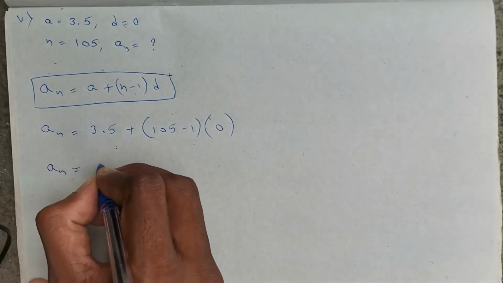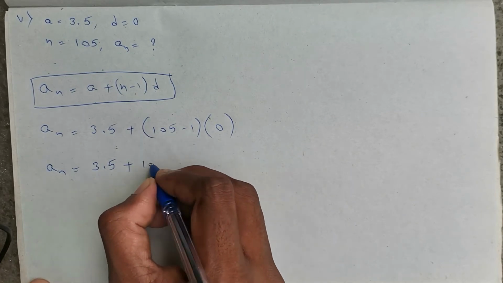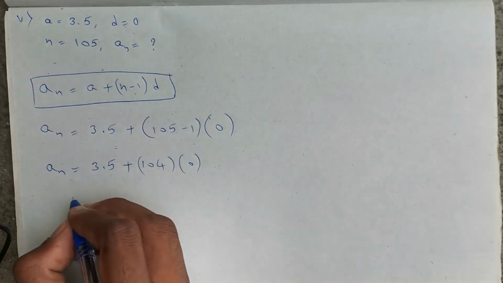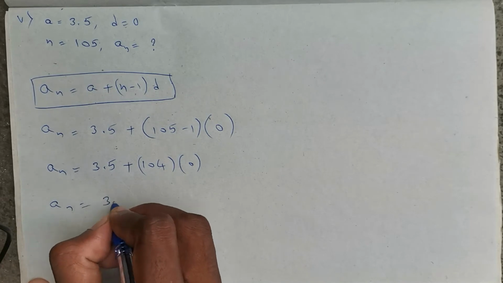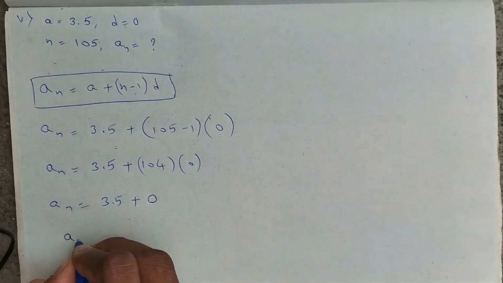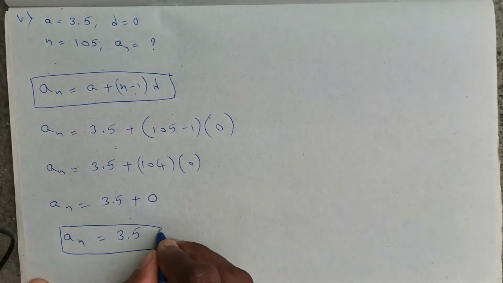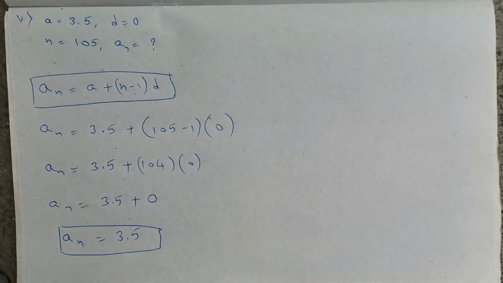So an equals 3.5 plus (105 minus 1), 104, into 0. So an equals 3.5 plus 104 into 0, which is 0. So an equals 3.5. The nth term an is 3.5.